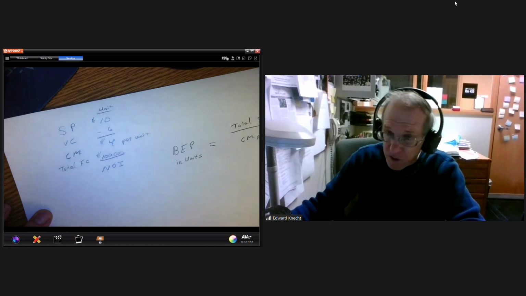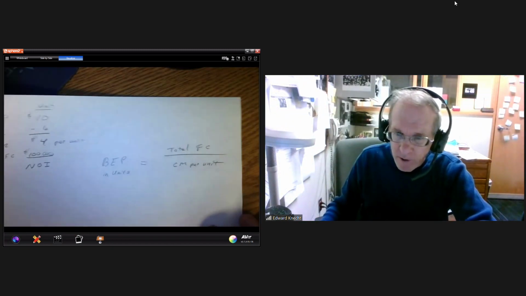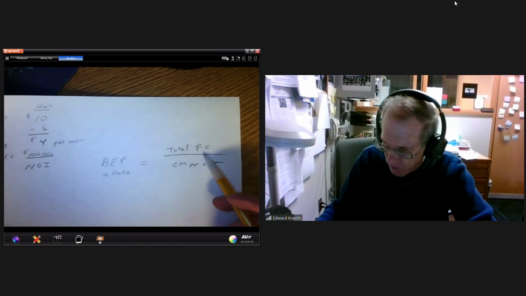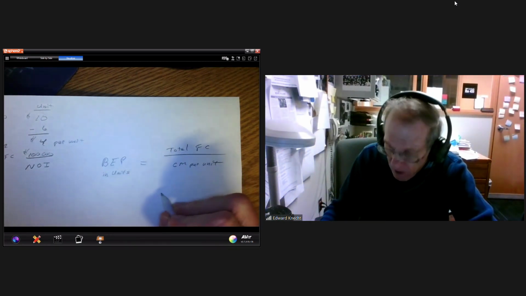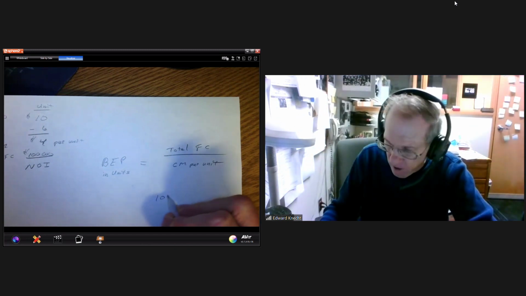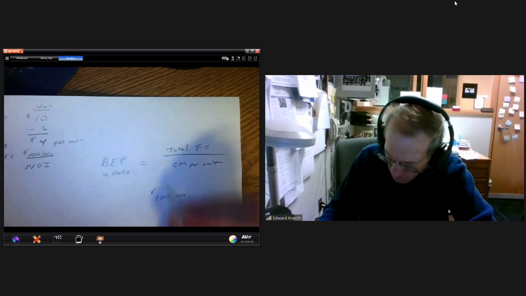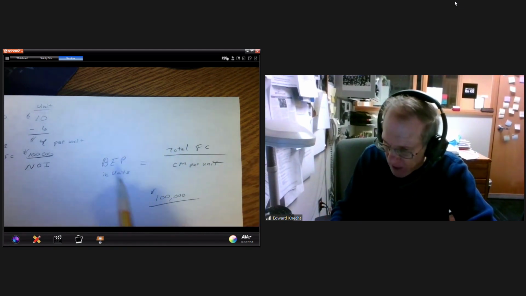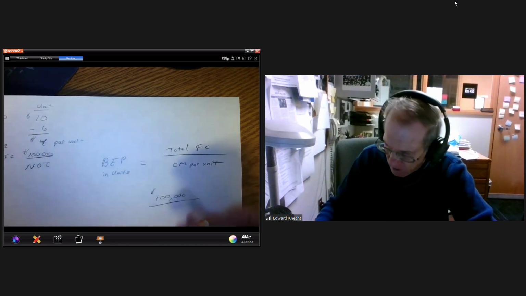Let's see how this math works. All right. We know the total fixed cost in this problem is $100,000. So let's put $100,000 in the numerator and divide it by the contribution margin per unit. That's that right there.